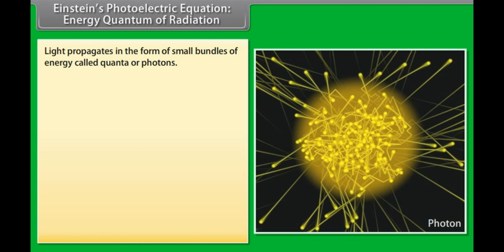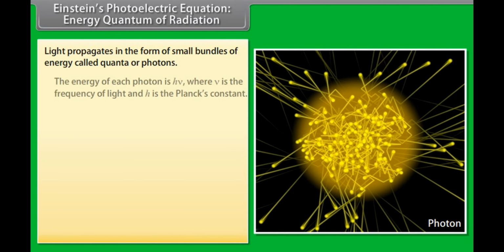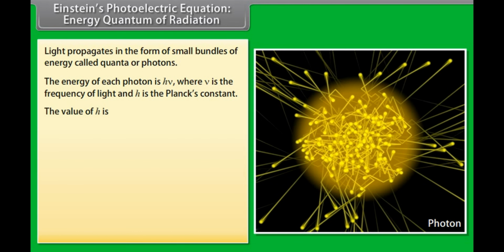Einstein's photoelectric equation. Energy quantum of radiation. Light propagates in the form of small bundles of energy called quanta or photons. The energy of each photon is h nu, where nu is the frequency of light and h is Planck's constant. The value of h is 6.62 times 10 raised to the power minus 34 joule second.